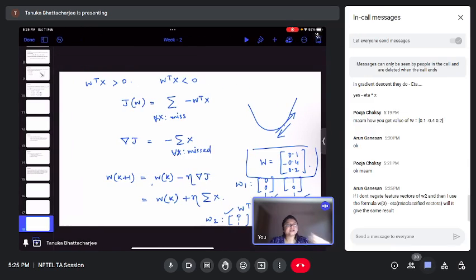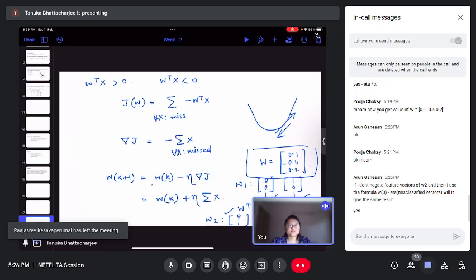If I don't negate the feature vectors of omega 2 and then use the formula... So if you don't negate the feature vectors of class omega 2, then what will happen? For class omega 1 you have a positive value of w transpose x, and for omega 2 you have a negative value of w transpose x.